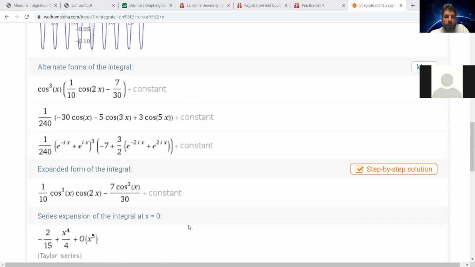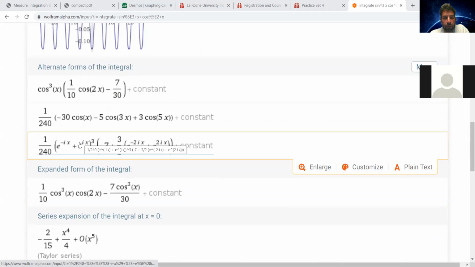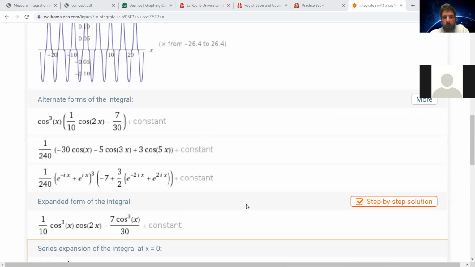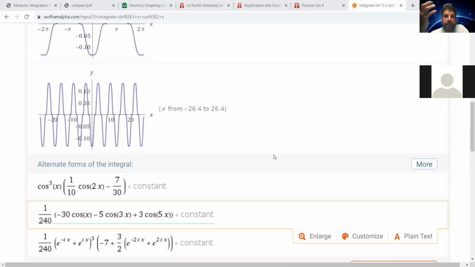I find it very hard to think that any of you in this class right now know what this one thing means or what this means. Yet you would be so happy to write it down on a test. You shouldn't take things if you don't understand what they mean. That being said, you should also use websites like Wolfram as an opportunity to learn things you don't know.